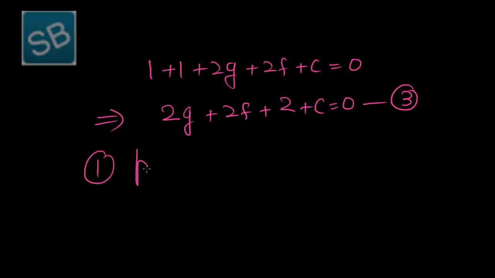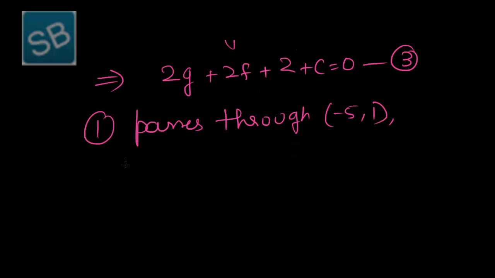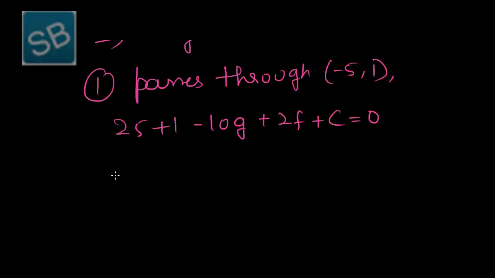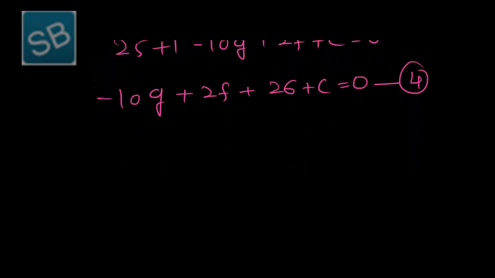Also equation 1 passes through (minus 5, 1). So we get 25 plus 1 minus 10g plus 2f plus c is equal to 0. That is, minus 10g plus 2f plus 26 plus c is equal to 0. This is number 4. Now we will eliminate c from 3 and 4.